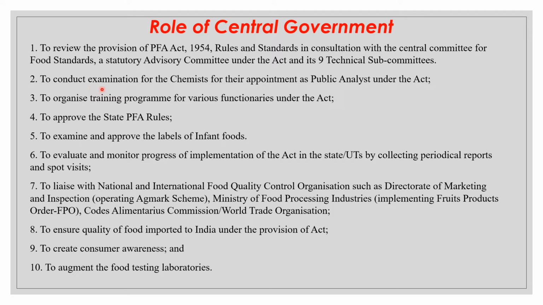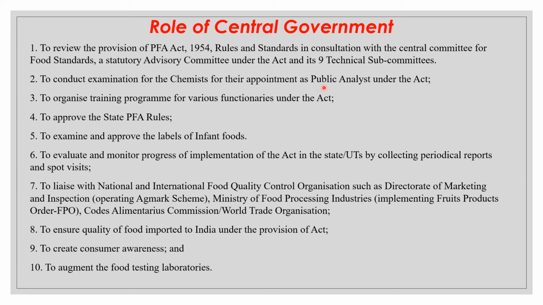And central government conducts examination for the chemists for their appointment as public analyst under the Act. So public analysts may be appointed under the Act to carry out the provisions of the Act.